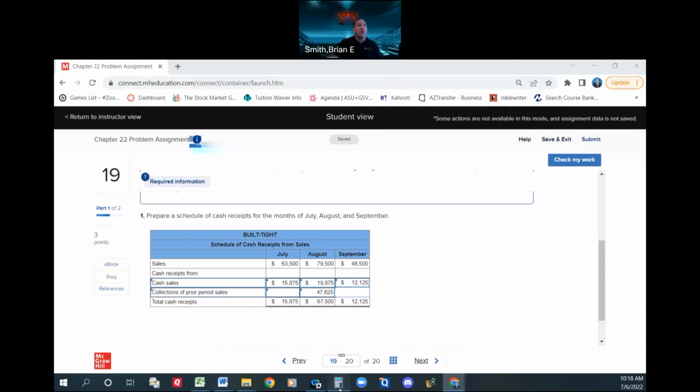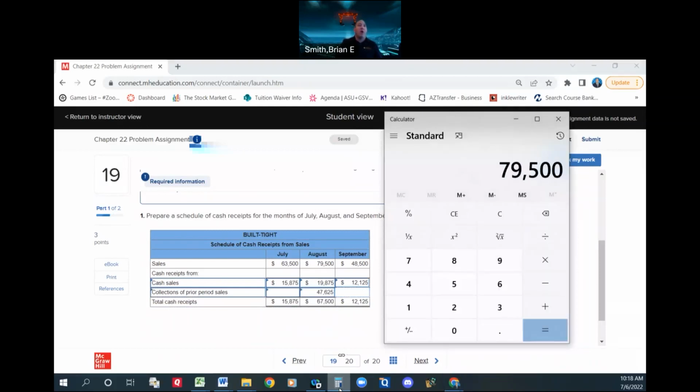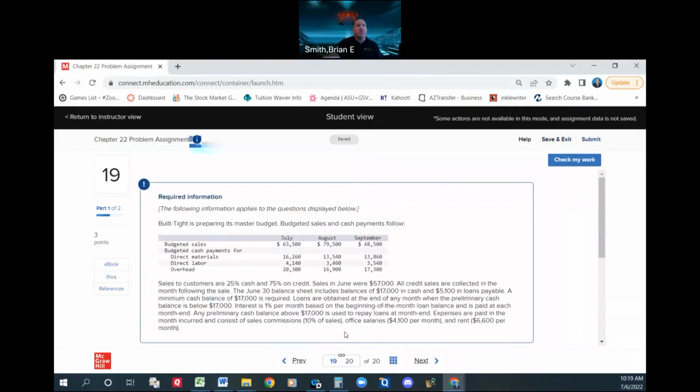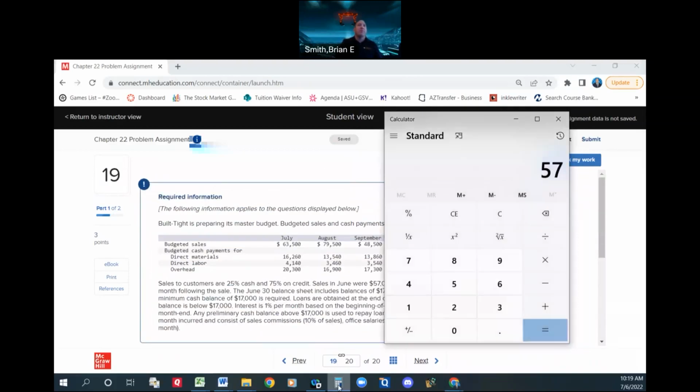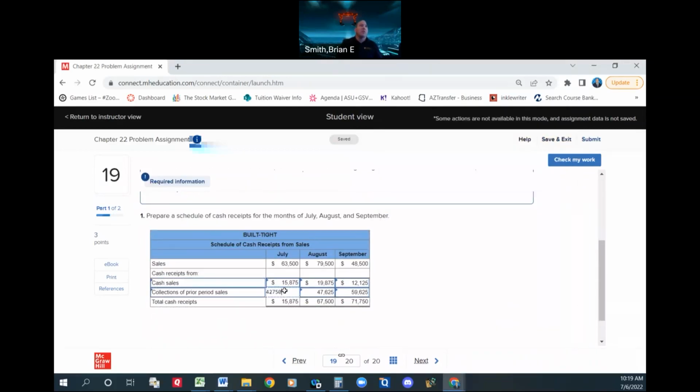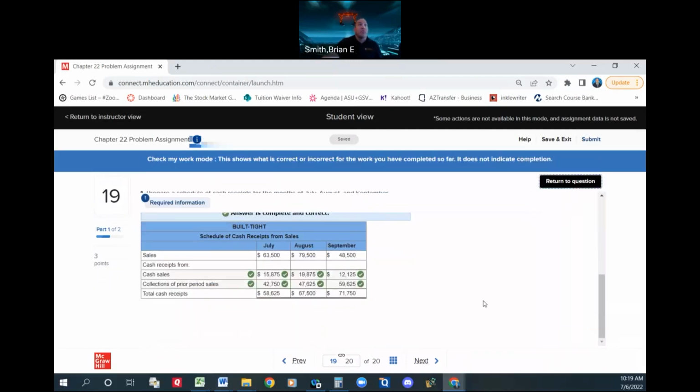And September is going to be 79,500 from August times 0.75, 59,625. And we need to find out what June's was, 57,000 times 0.75, 42,750. Okay, there is our cash receipts from sales budget.